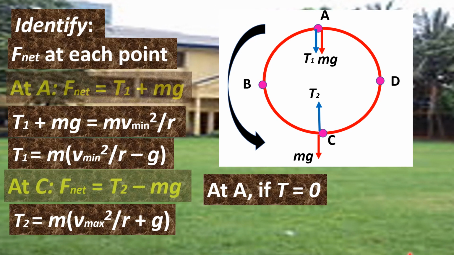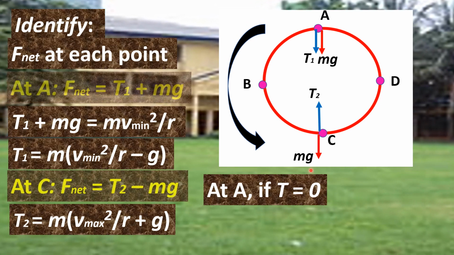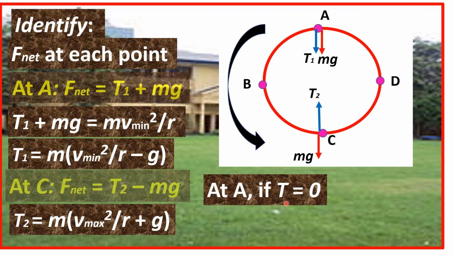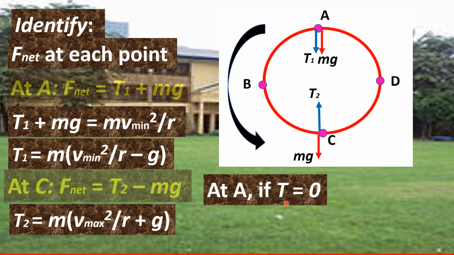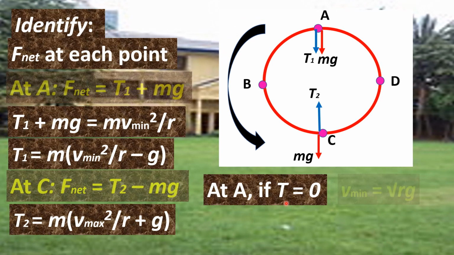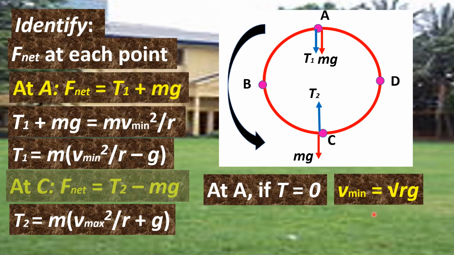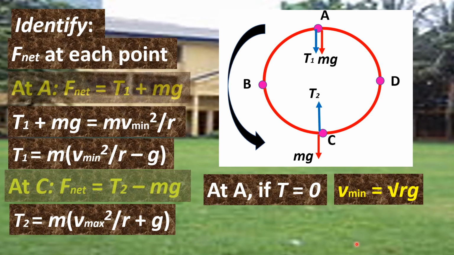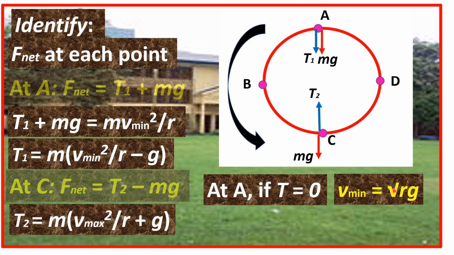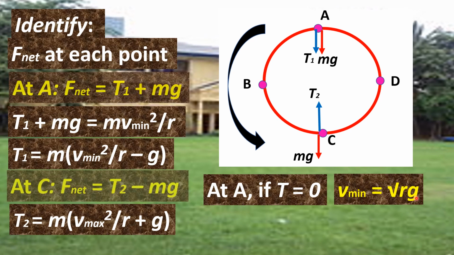And canceling the mass m, we will be able to come up with a formula for finding the value or the magnitude of the minimum speed, or tangential speed. That is, the magnitude of the tangential speed, we call it v minimum, will just be equal to the square root of the product of the radius r and acceleration due to gravity.